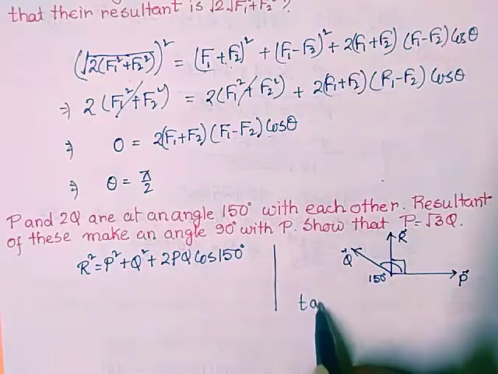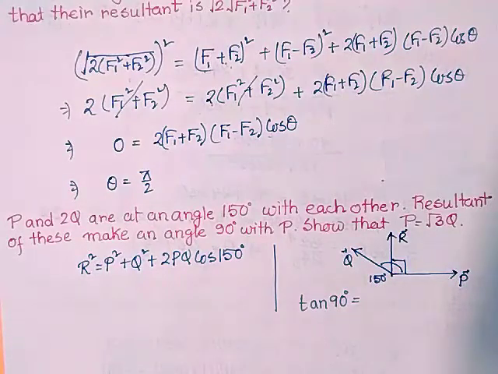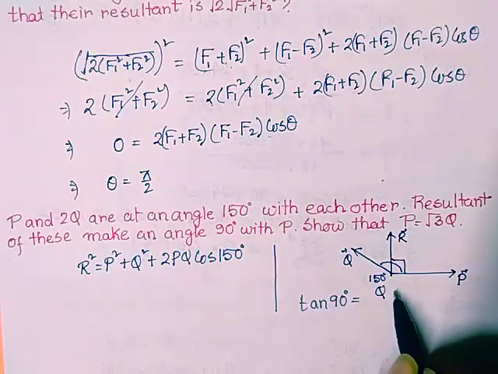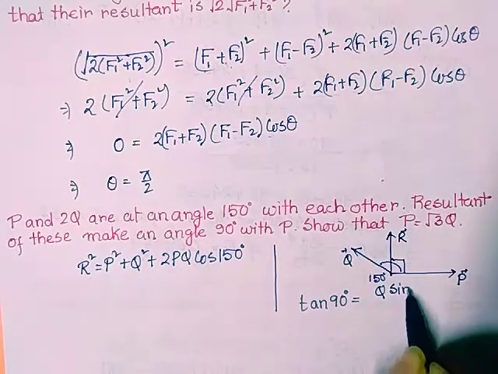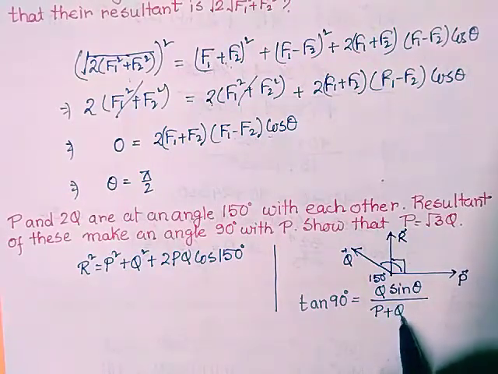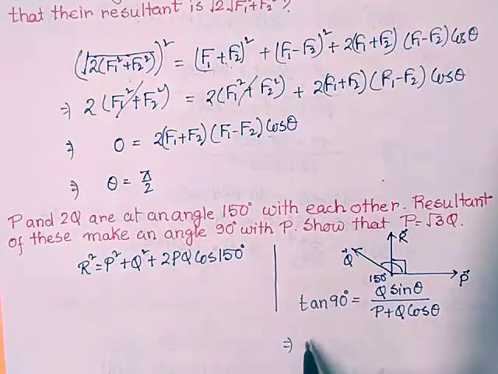That is tan 90 degrees, which means tan phi equals Q sin theta divided by P plus Q cos theta.